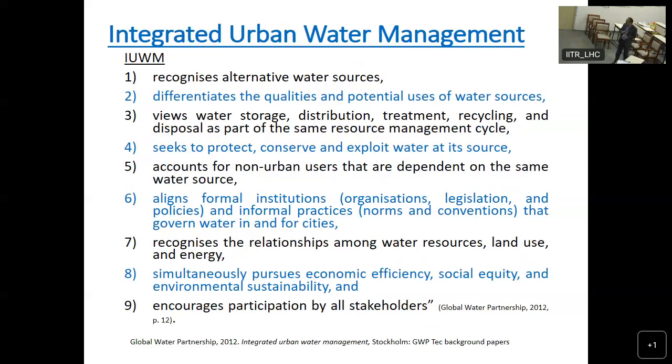Recognizes the relationship among the water resources, land use, and energy. So for the system which we are considering, if it is utilizing a lot of energy, we have a lot of pumping systems, the treatment, the energy usage is very high, and we are developing a lot of greenhouse gas emissions. That is again not good for the environment. That aspect has to be considered.